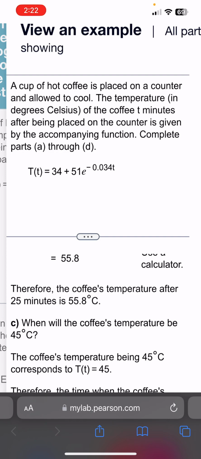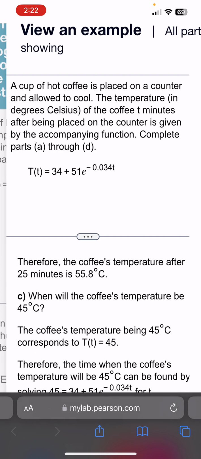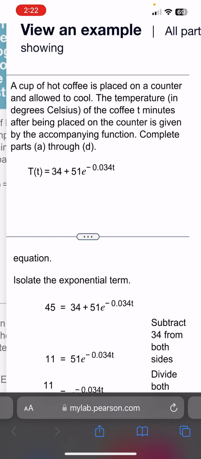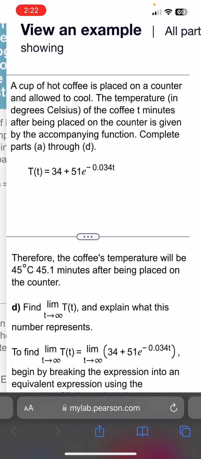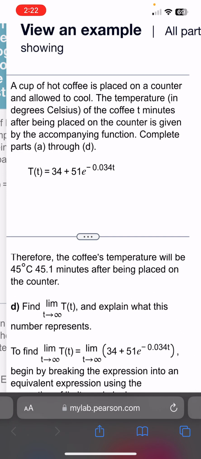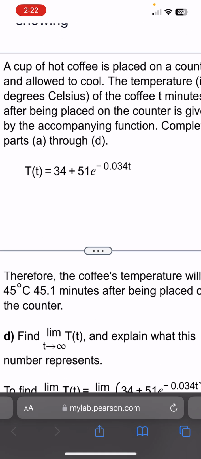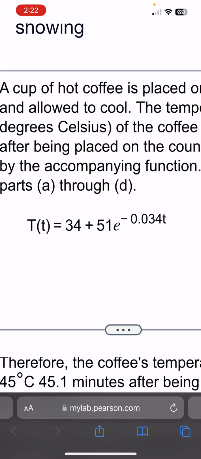Once you set it equal to 45, a lot of it is algebra. That's college algebra too. So we set y equal to 45 and solve for t. And then for D, we're taking a limit as lowercase t runs to infinity. The main thing, again, is that we have e to a negative power, so that's really 51 over e to that power.